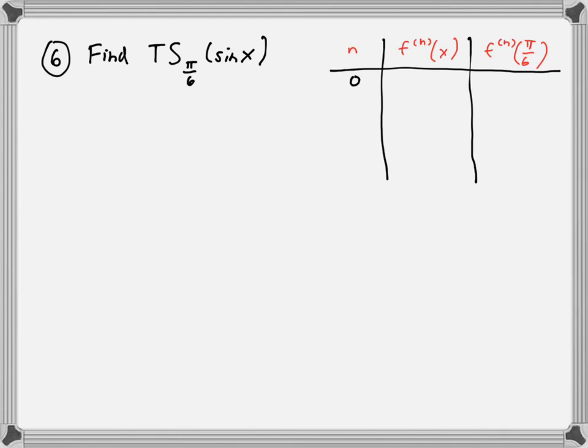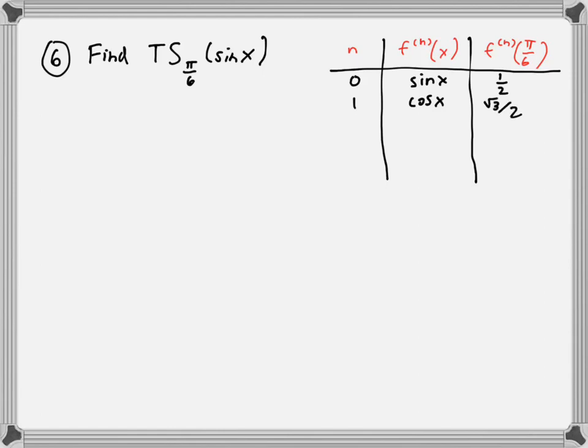N equals 0, which is of course my sine of x. And so if I plug pi over 6 into there, I get a half. Now let's take a derivative. If I actually take a derivative of sine, I get cosine of x. And if I plug in pi over 6 into cosine, I know that cosine of pi over 6 is root 3 over 2.